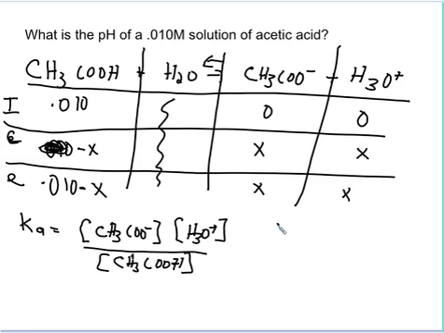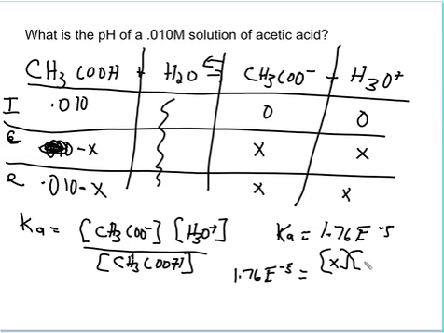The Ka for acetic acid equals 1.76 e to the minus 5. So if we plug in what we know, 1.76 e to the minus 5 is equal to x times x, which is x squared, over 0.010 minus x.